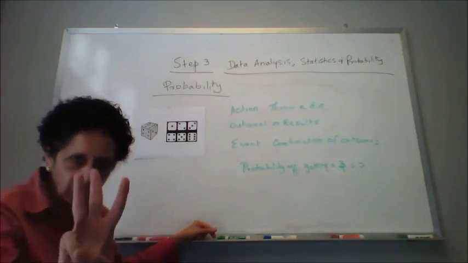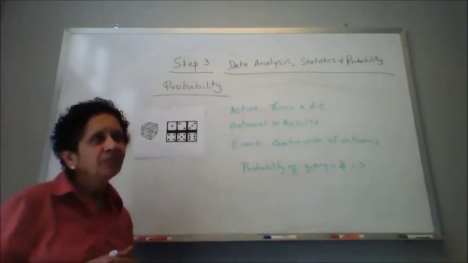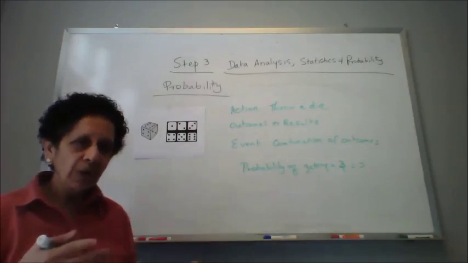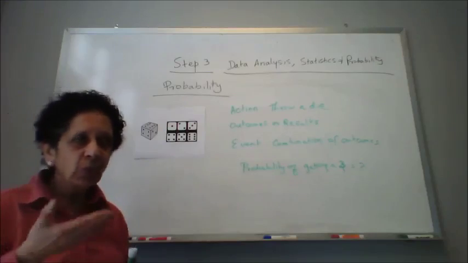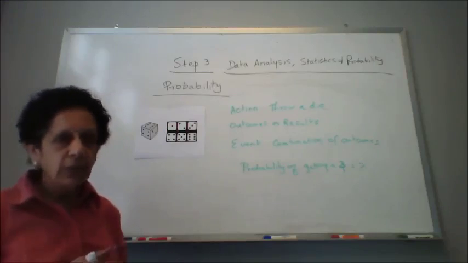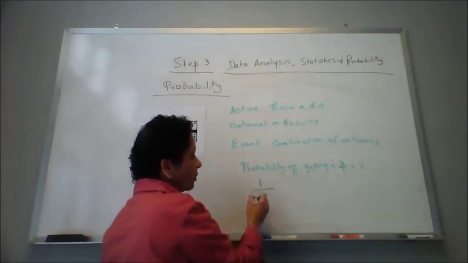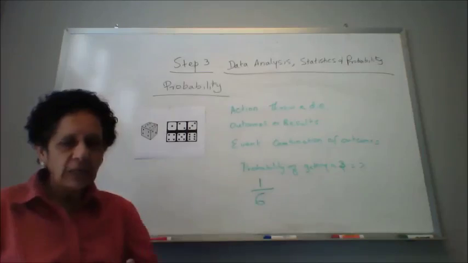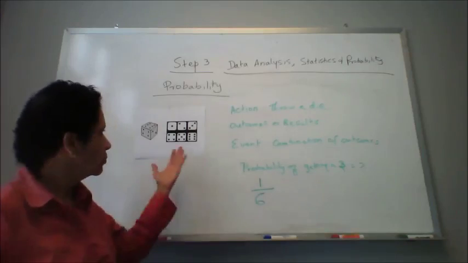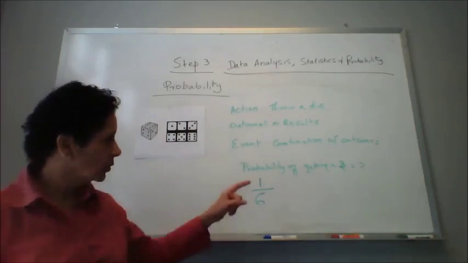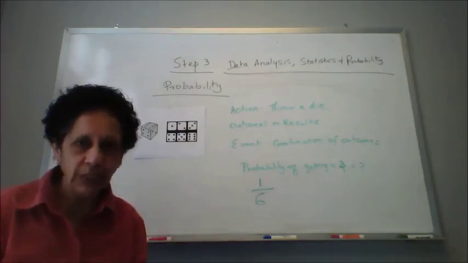Intuitively you will say that there are 6 possible faces on the die, and each one of them is equally likely. So common sense, you would tell me the probability is 1 out of 6. There are 6 possible numbers, and I'm going to get one of those. So the probability that I'm getting a 3 is 1 out of 6. Intuitively, that's what you are going to say, right?